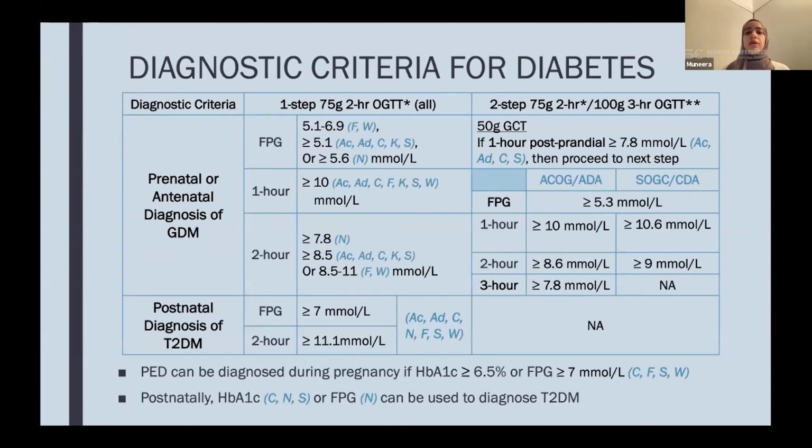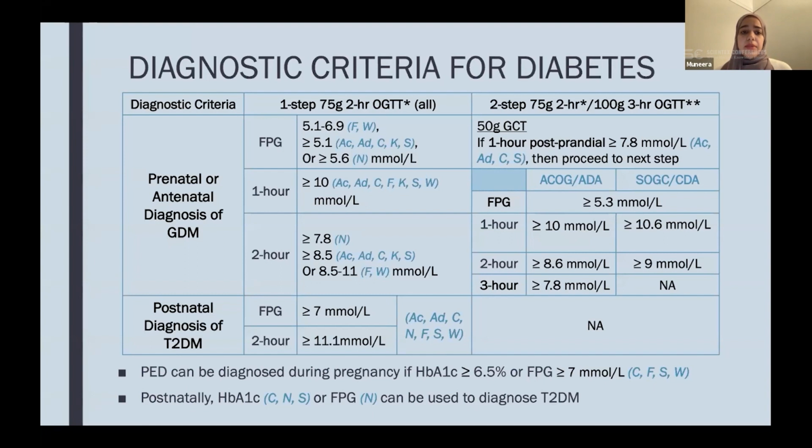When it comes to diagnostic criteria for diabetes, first we will be comparing the one-step 2-hour oral glucose tolerance test and the two-step oral glucose tolerance test. So first we test the fasting plasma glucose. As you can see, there's a varied list of values.